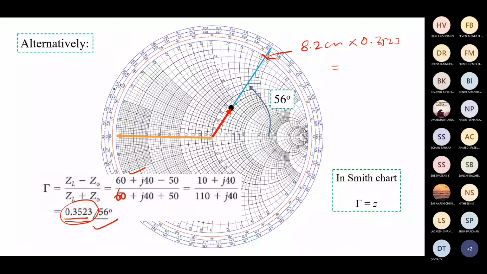Let me calculate: 8.2 into 0.3523 is nothing but 2.88 centimeter. So 2.88 centimeter is what we will map.